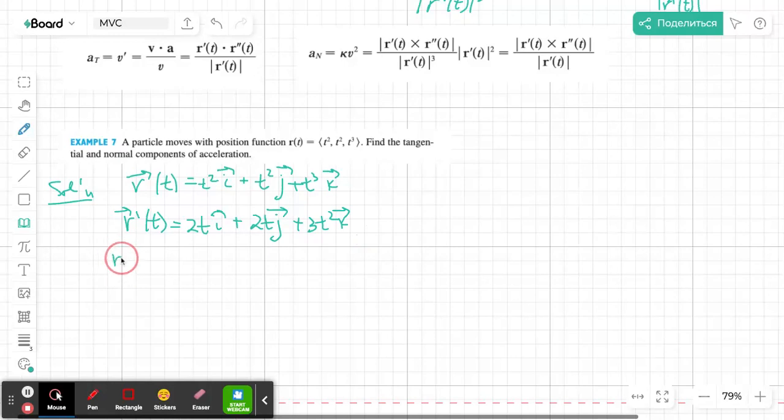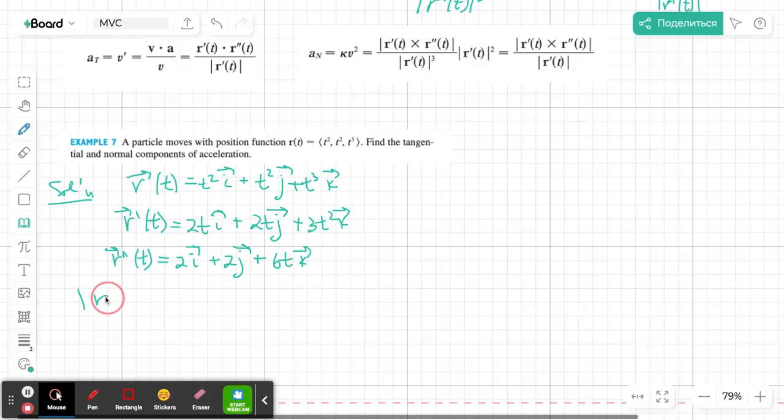And then for the second derivative, r double prime of t is going to be equal to 2i plus 2j plus 6t k.